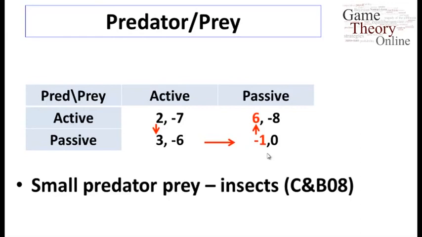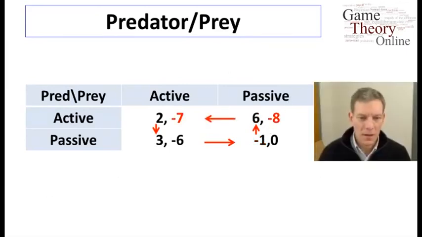So we think, okay, well, none of the other ones have been stable so far, maybe this one works, but here when we see if indeed the predator is going to be active, then the prey also wants to be active. And so the -7 is better than the -8.